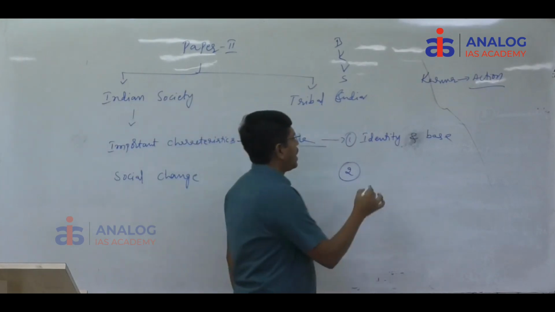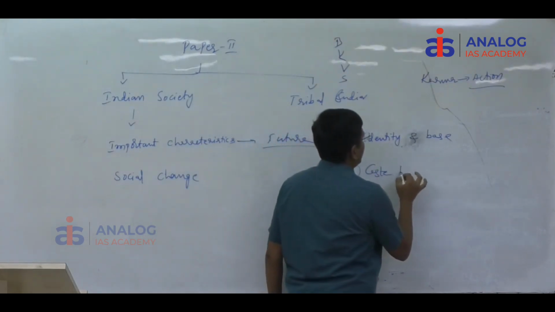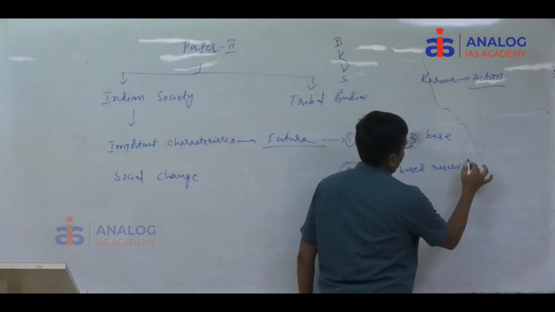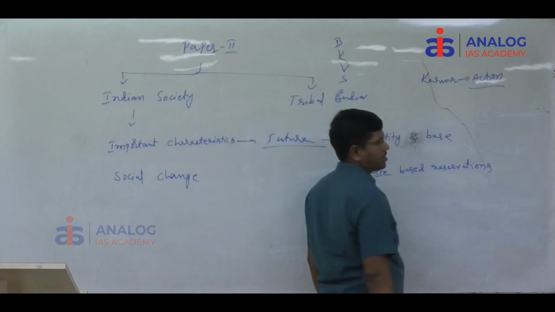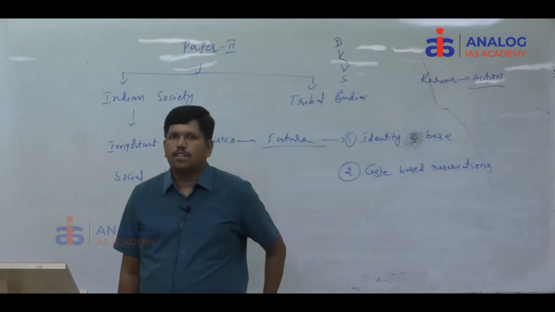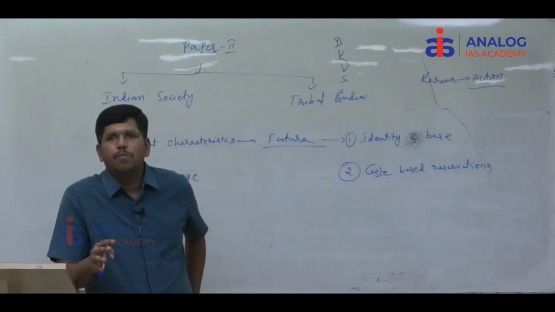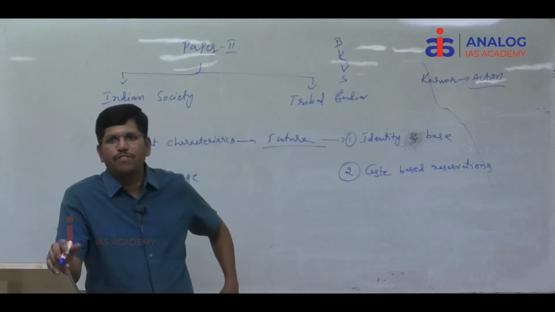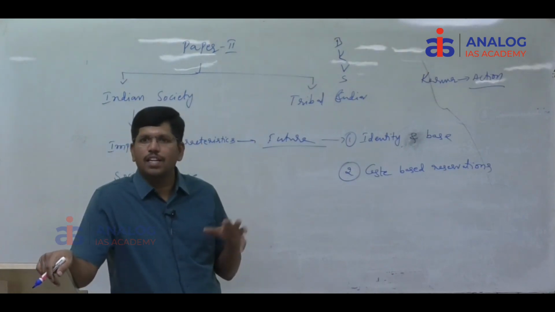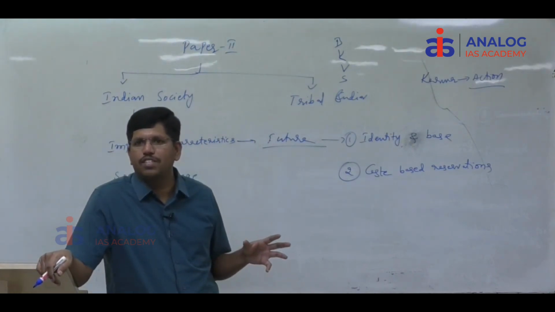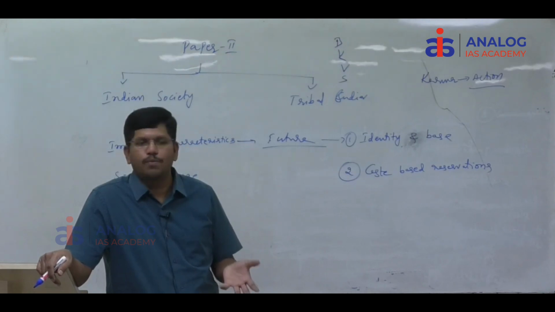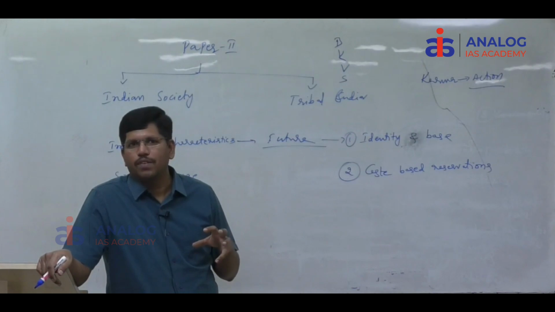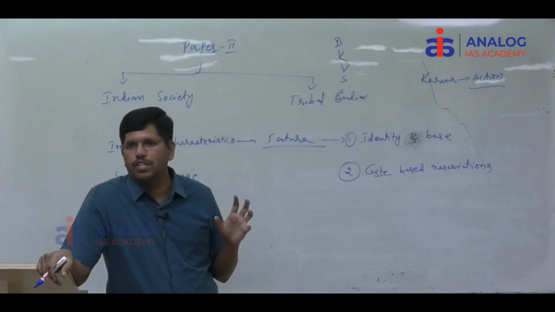Second one is caste based reservations. See, because of reservations, some people are going to get the benefits. Definitely some people are not going to get the benefits. Those people who are not getting benefits because of caste based reservation, they may oppose it. That means higher caste people may oppose it. Then those people who are getting jobs because of caste based reservation, they may support it.